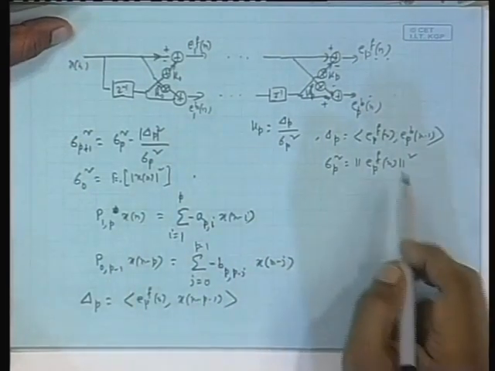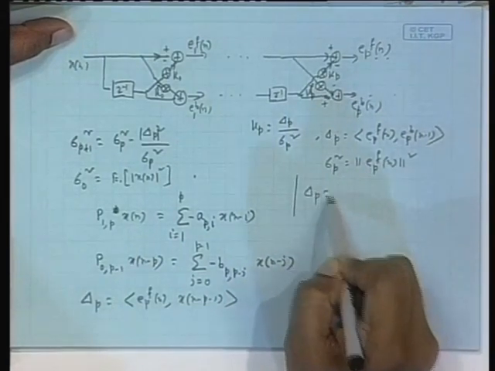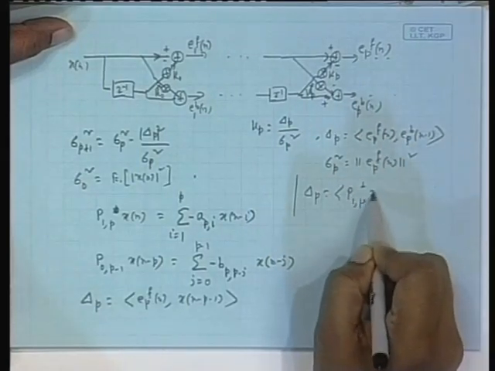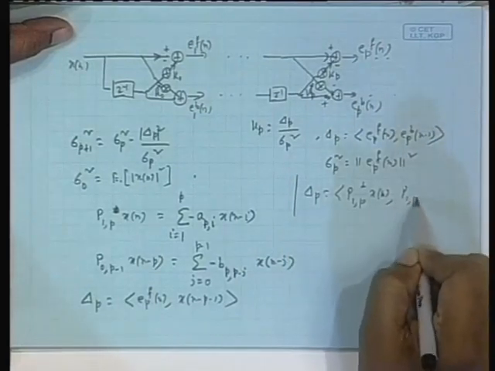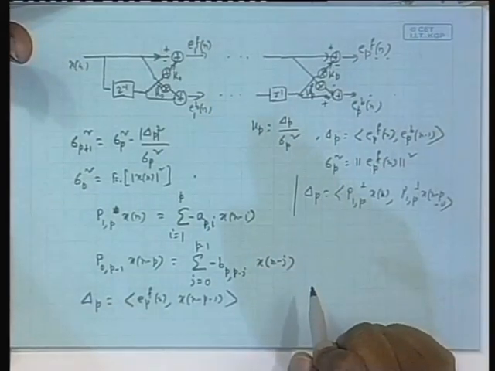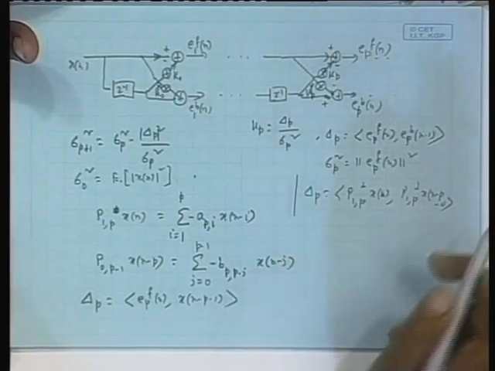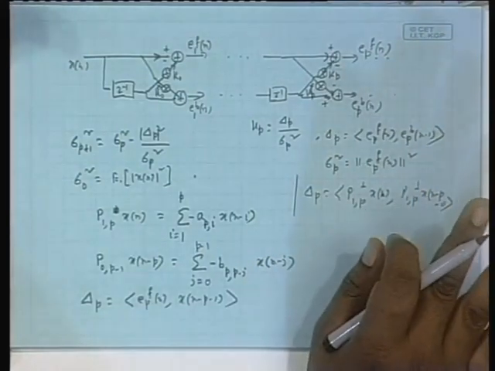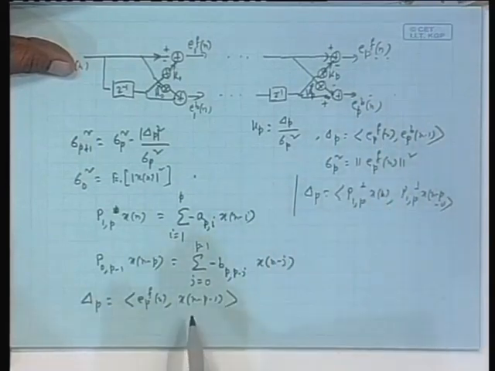Okay, for those who have forgotten, I am writing here that delta p is nothing but, if you can write this E p f n as P 1 p perpendicular x n, and this as P 1 p perpendicular x, isn't it? Then I will just drop this. The logic you all know, I have explained several times. And then again you call it E p f n. So, that is what I have done here.